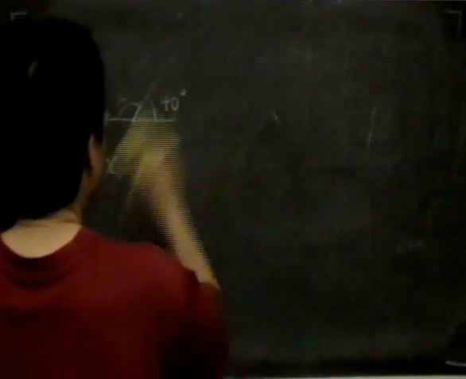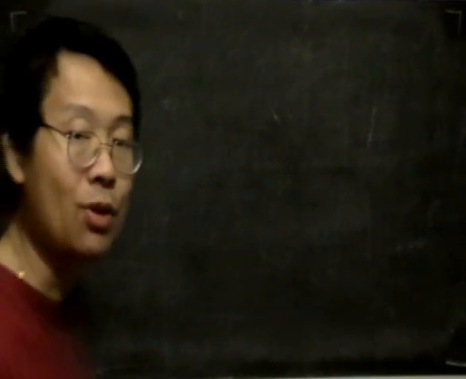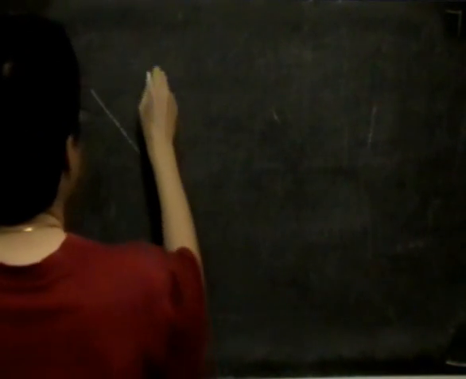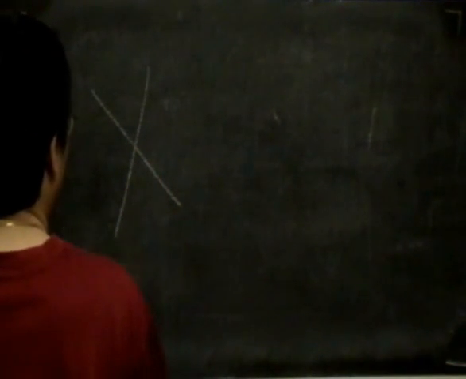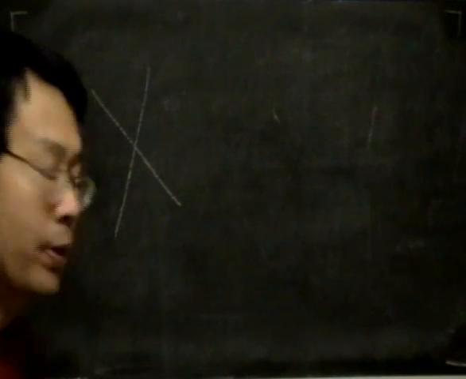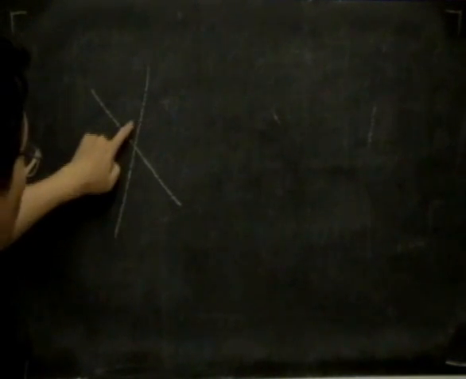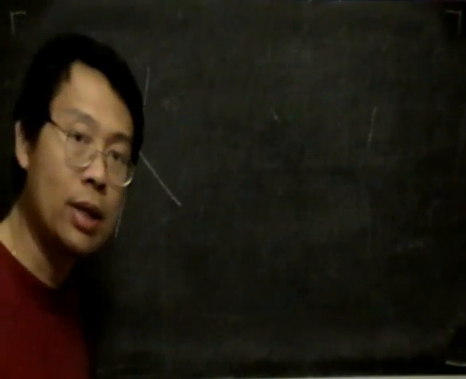Let's look at another example. Suppose I have two lines crossing each other. You can see that in this figure there are 1, 2, 3, 4 angles.